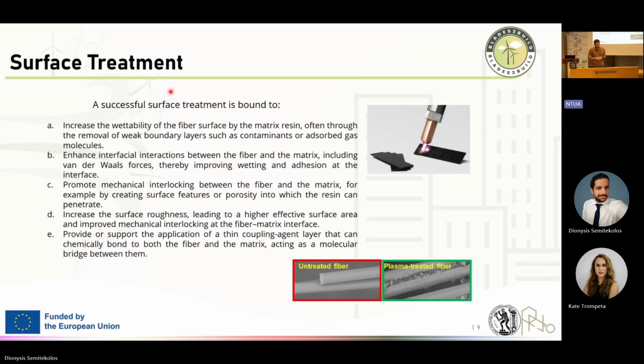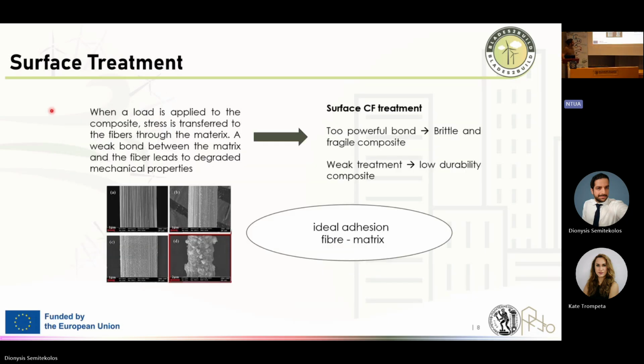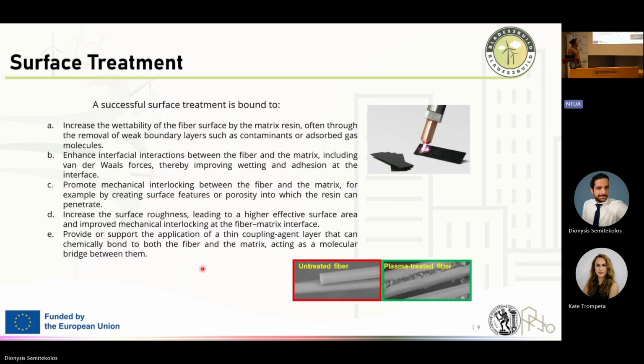Okay. And this is often achieved through engineering the weak boundary layers, which might have some contaminants or adsorbed gas molecules which are there during the stabilization and the carbonization phase. Another important aspect is that with this increased roughness that you see, we enhance the mechanical interlocking between the fiber and the matrix.